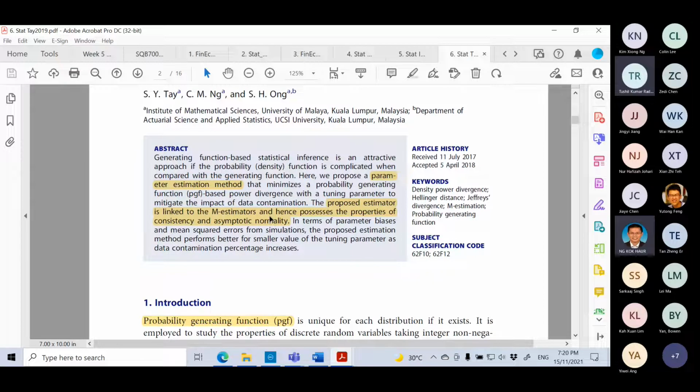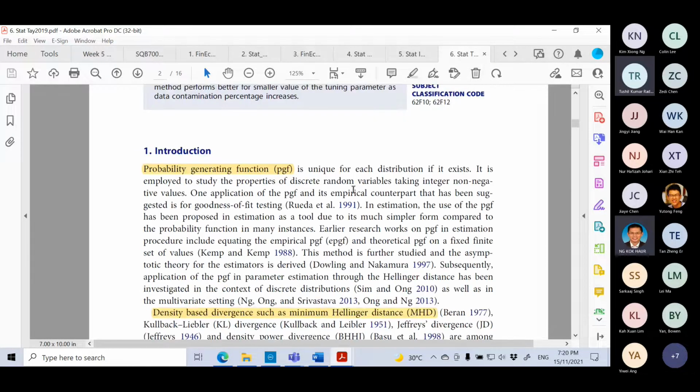So in this research paper, because their highlight is parameter estimation based on the probability generating function, the PGF, when they go through the literature, many parts are talking about the PGF.